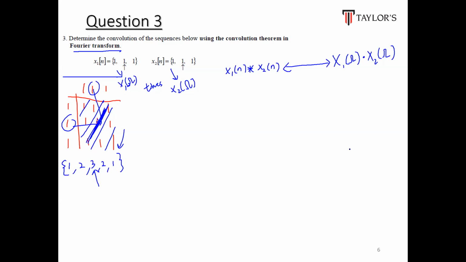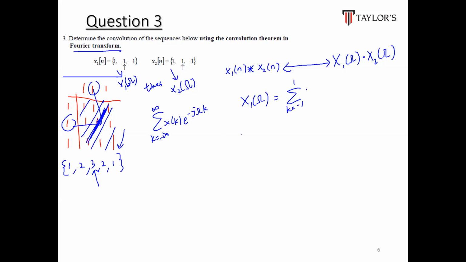This one, to convert it to the Fourier transform. So this is again the summation, k equals negative infinity to infinity, x[k] e^{-jωk}. All right, so x1(ω) will be equal to, there's only k from negative 1 to 1, right?